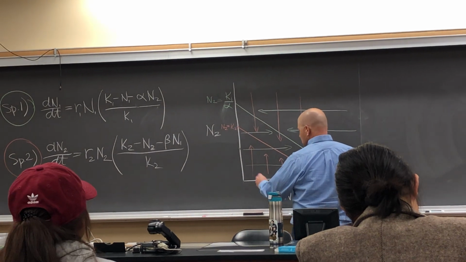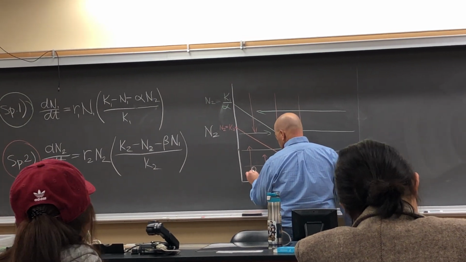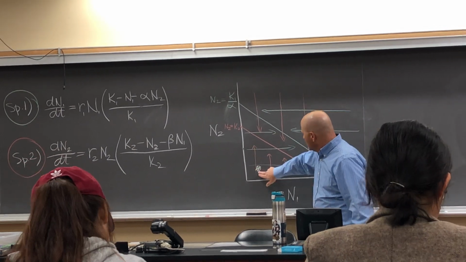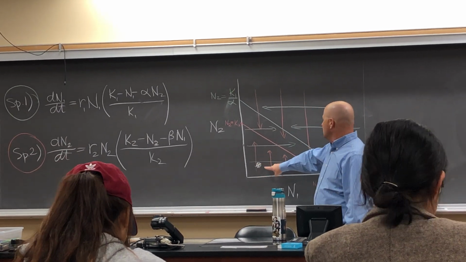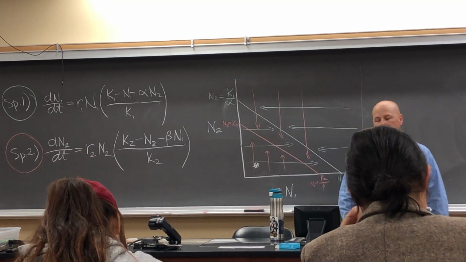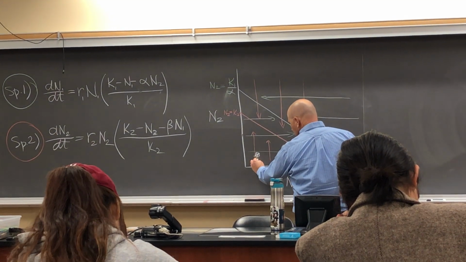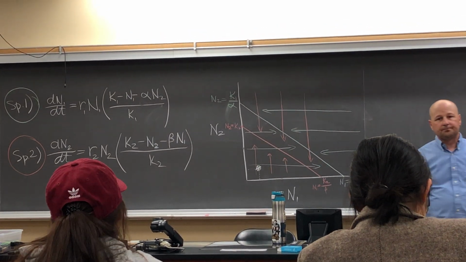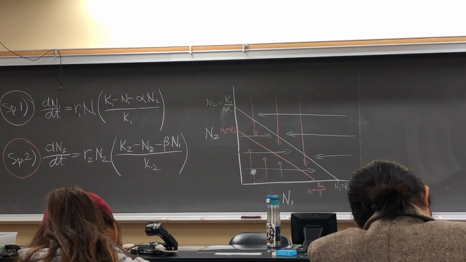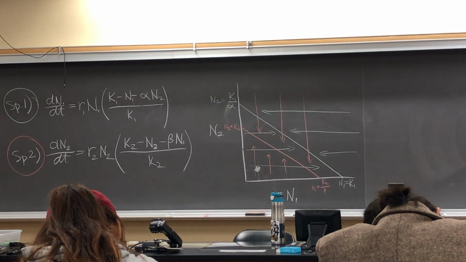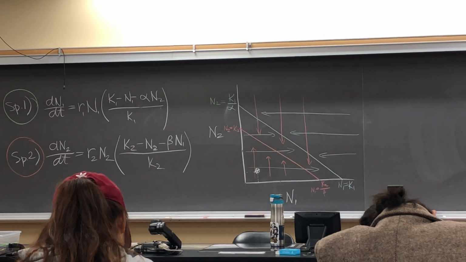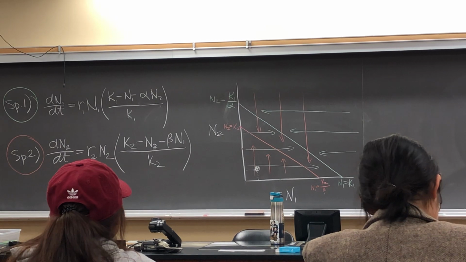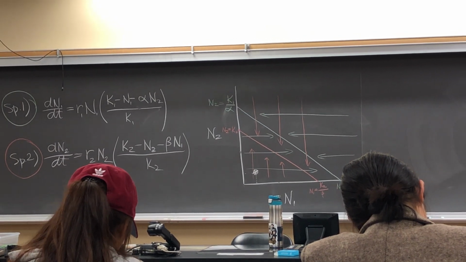Now let's take a starting point. Let's say the population sizes of the 2 species are right there. There aren't very many jackrabbits and there aren't very many cottontails. Under those conditions, at those 2 population sizes, what's the growth of each species doing?